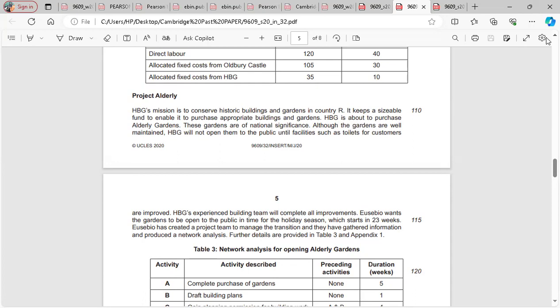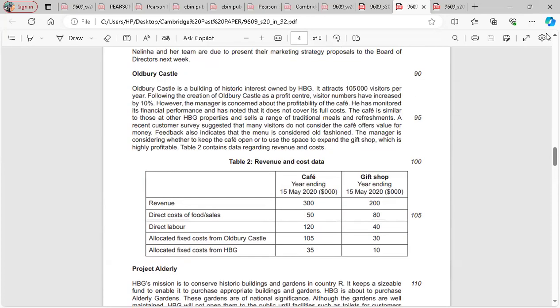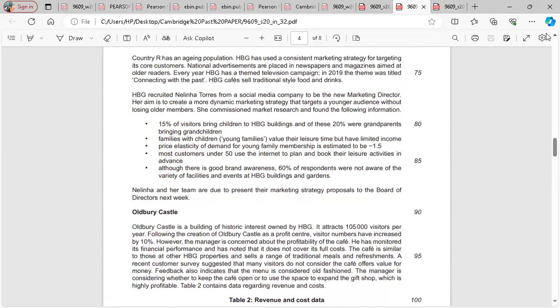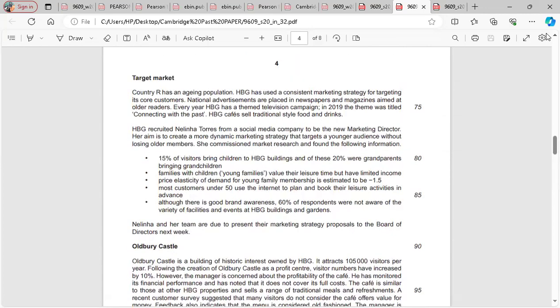So when we talk about social responsibility, for the old ones, they said 50% of visitors bring children to HBG buildings, and of these 20% were grandparents bringing their grandchildren. So for HBG to be socially responsible, I wrote, HBG should give those that are disabled access to this garden.